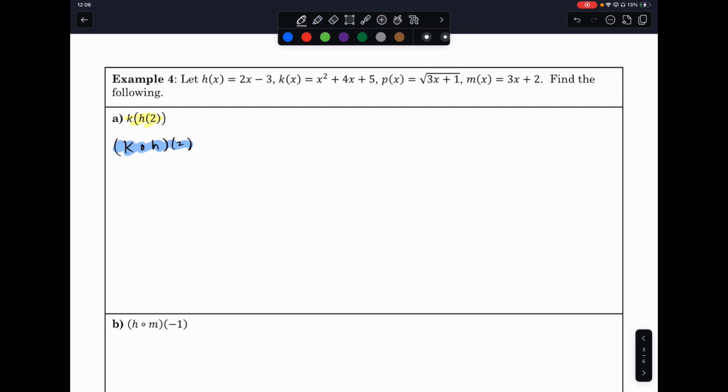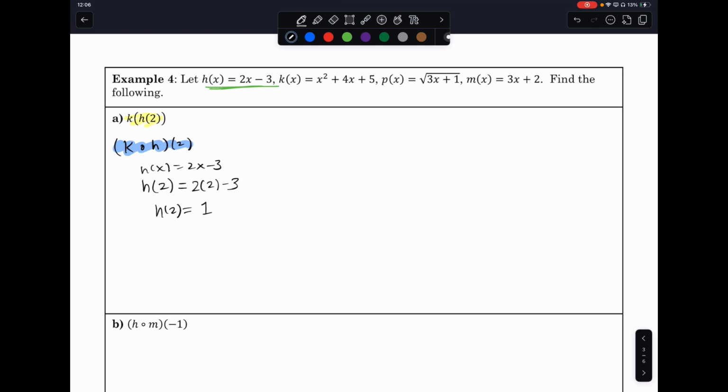We're going to start by first figuring out what h of 2 equals. Since h of x is 2x minus 3, h of 2 would be 2 times 2 minus 3, which is 1. So h of 2 is 1.